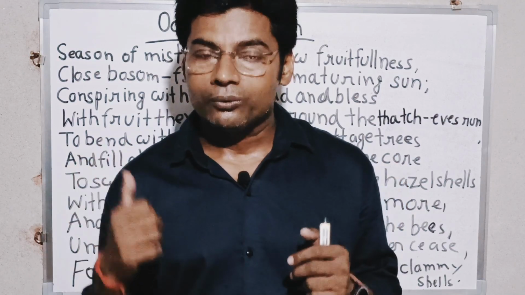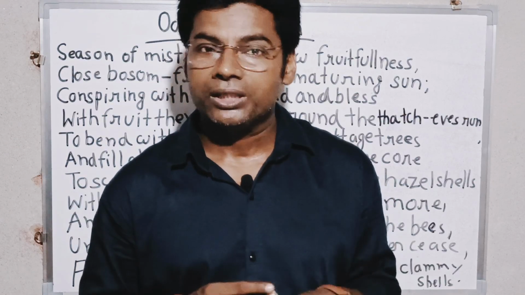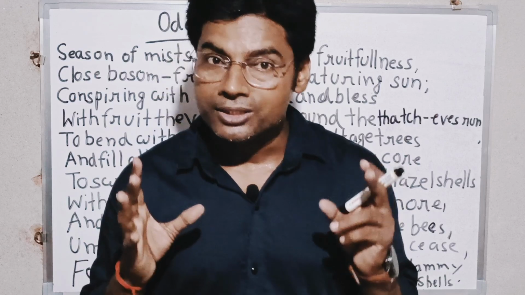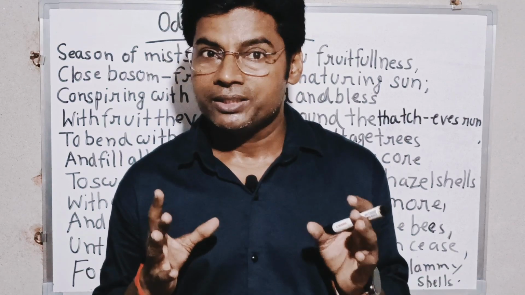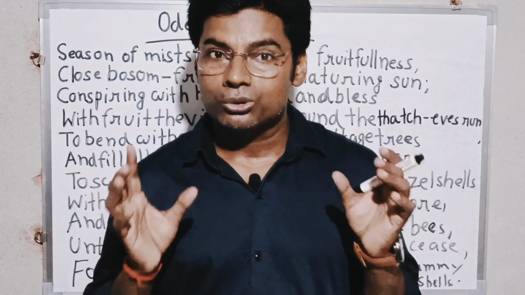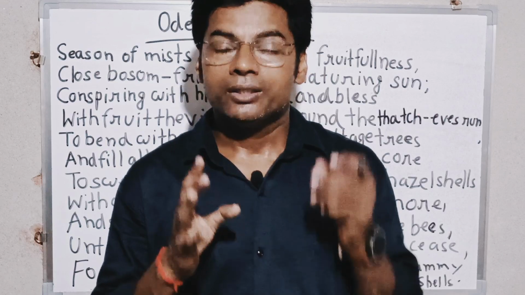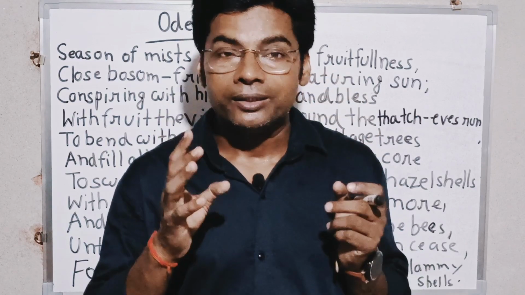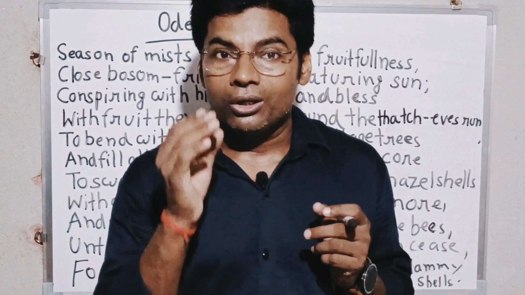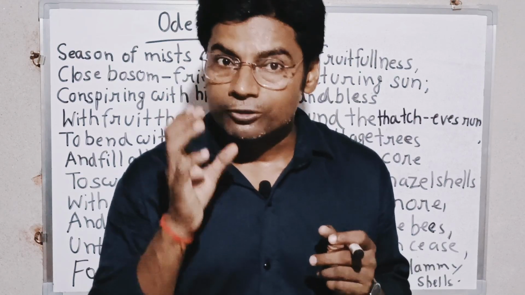This particular ode, To Autumn, was also composed in the year 1819. Remember, my dear learner, that is very important. This ode was composed in 1819, the year that saw the composition of Keats's five great odes.